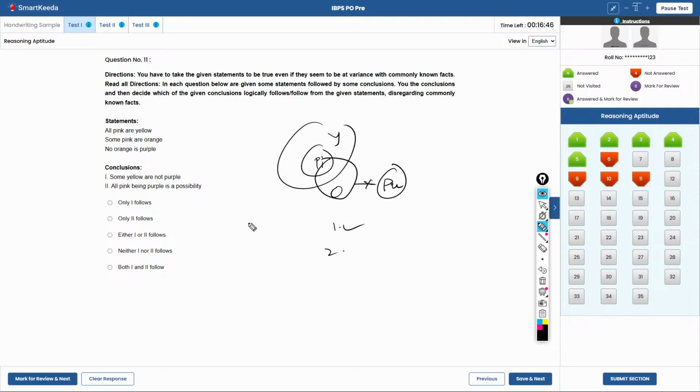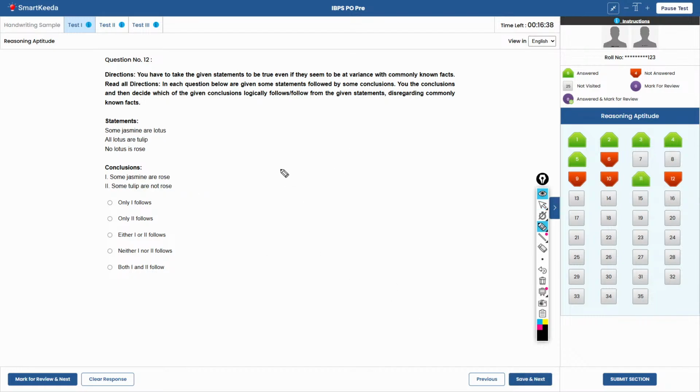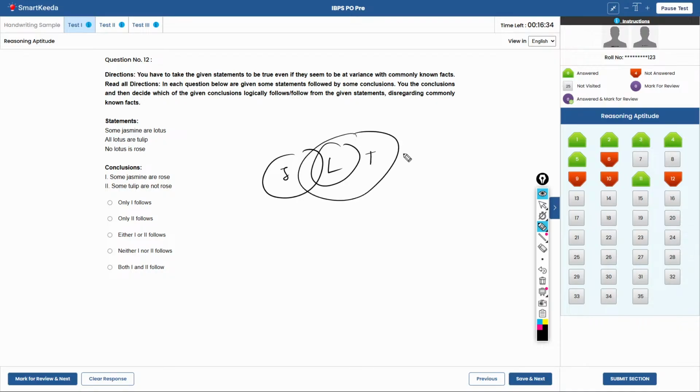All pink being purple, no, it's only one. Some jasmine are lotus, all lotus are tulip, no lotus is rose. Some jasmine are rose, no. Some tulip are not rose. Only two.